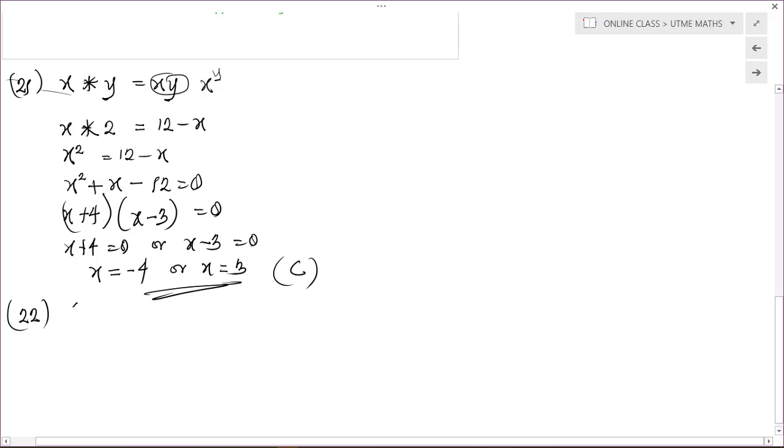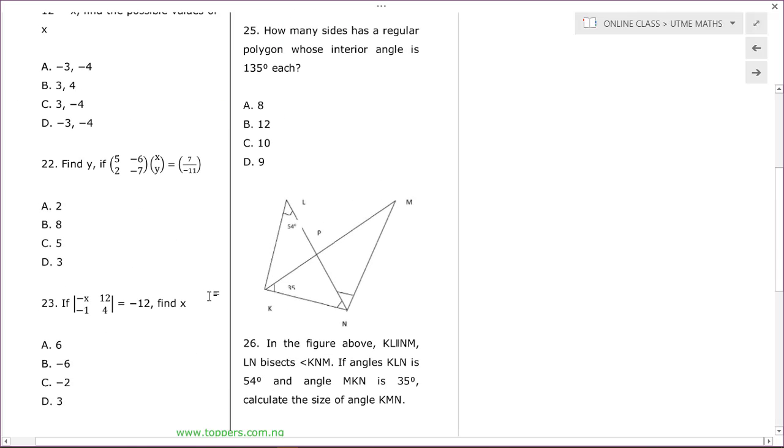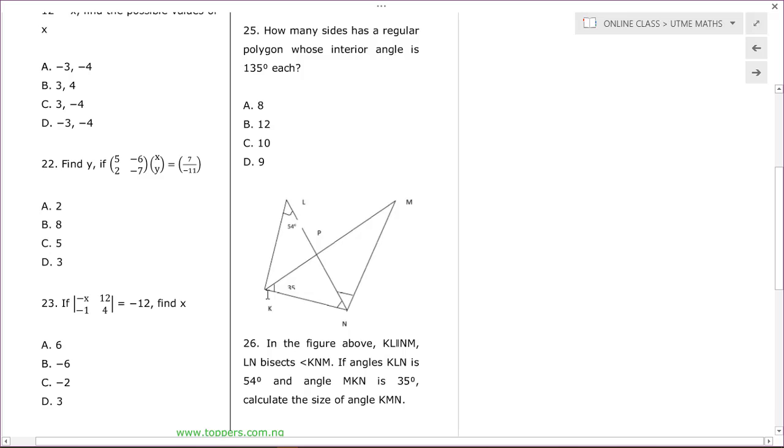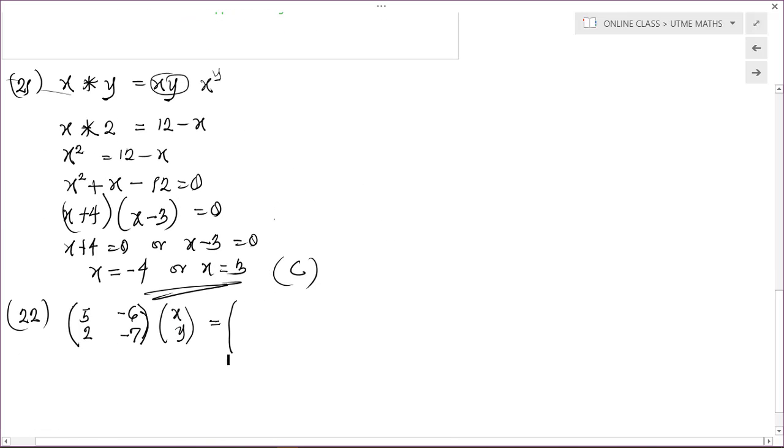So we have 5, 2, minus 6, minus 7, then we have x, y here equals 7, minus 11.